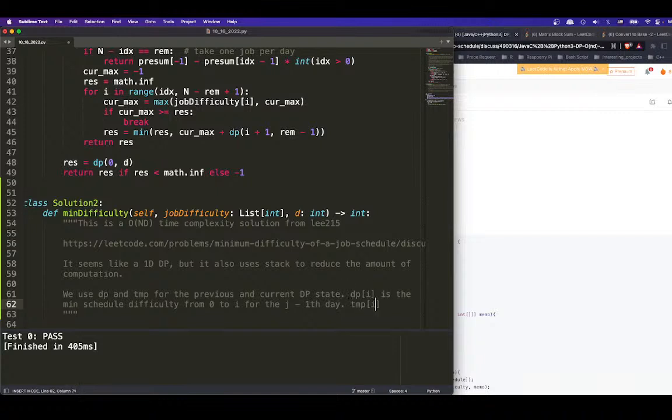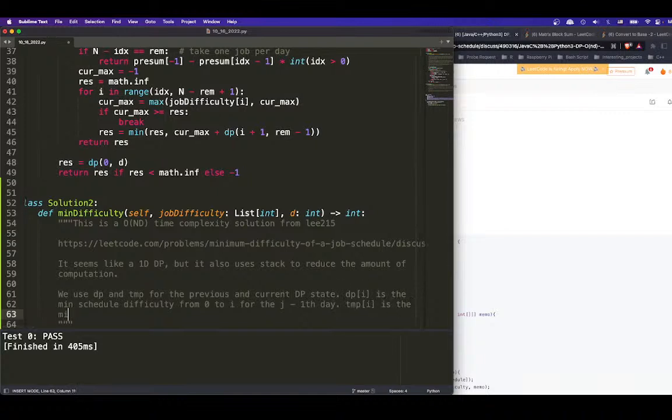And temp[i] is the minimum schedule difficulty from 0 to i for the jth day.